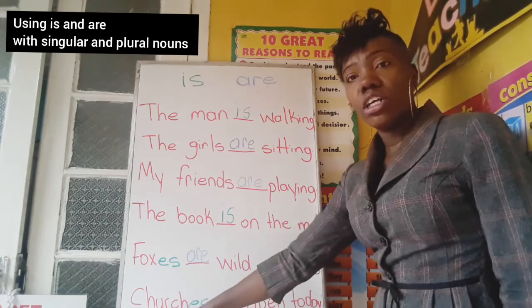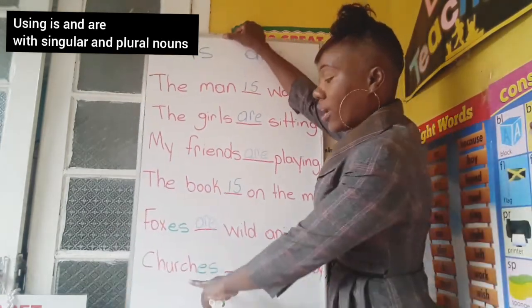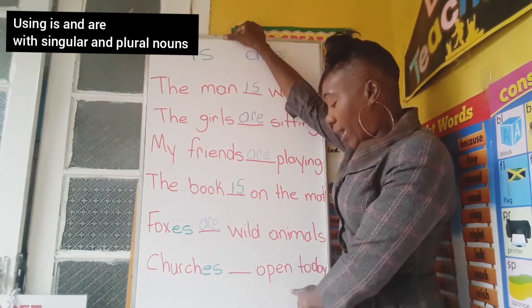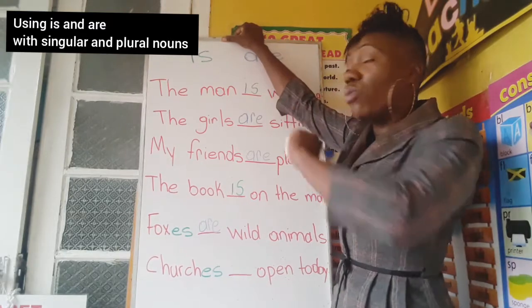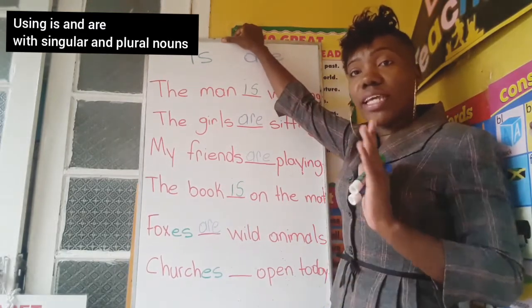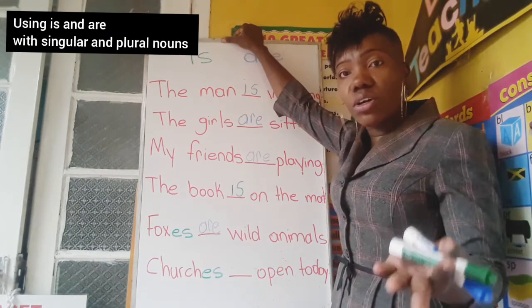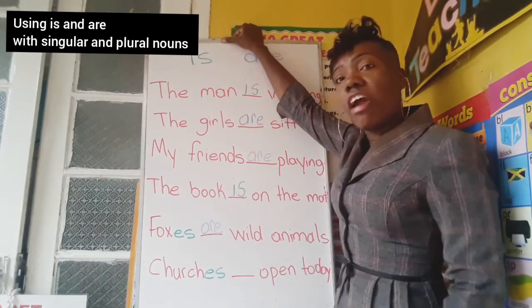The last one, churches. Let me put this up for you. Churches open today. Now, which one of these words are you going to use? Are you going to use is or are? Very good. Are, because we're talking about more than one churches.